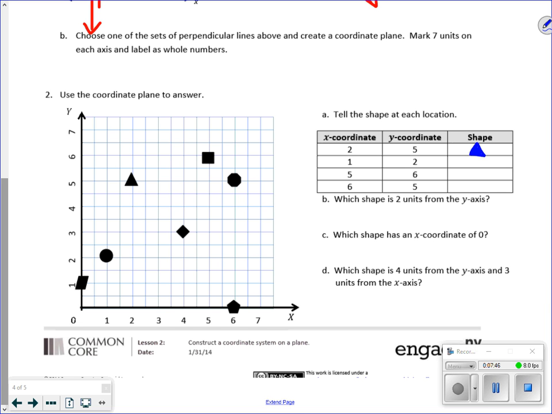What is at x1, y2? A circle. x1, y2 is the circle. What is at x5, y6? The square.